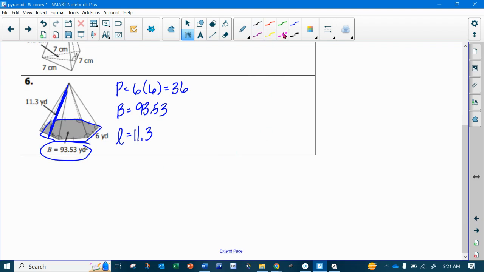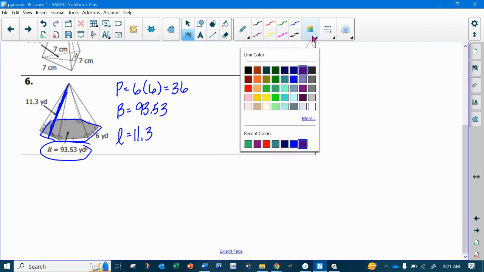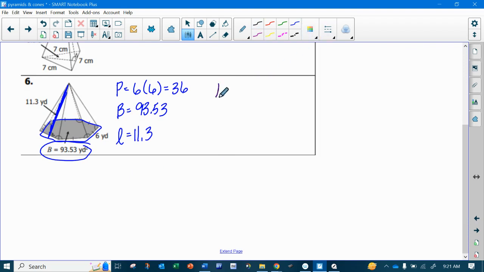All right, so now I'm going to take these numbers and plug them in. Lateral area, perimeter times slant height divided by 2. 36 times 11.3 divided by 2, and that is 203.4 yards squared.